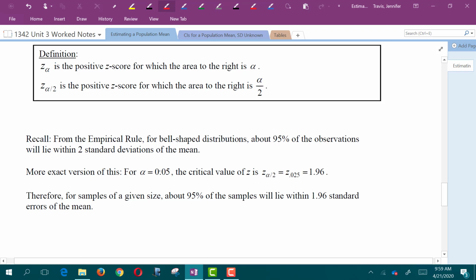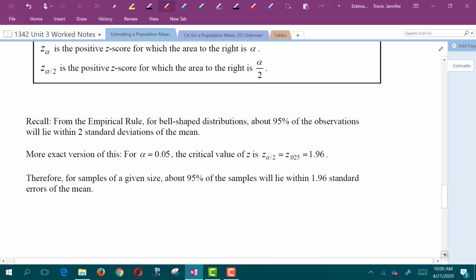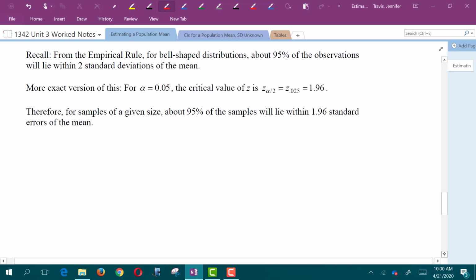If we add that to the alpha equals 0.05, that gets us to 1. So whenever we know the confidence level as a percentage, we also know the alpha. Okay, so the critical value of Z is Z alpha over 2, which is 1.96.